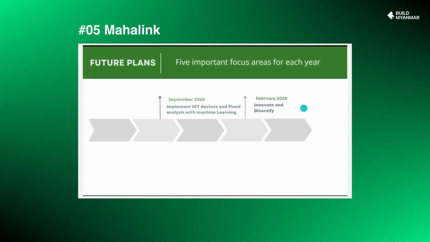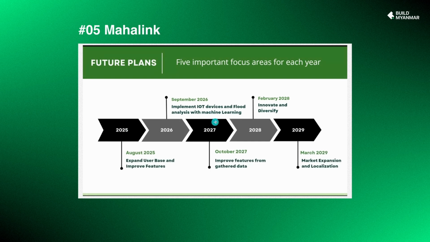So this is the demo of our application, and since we can't really build a machine learning or AI model, because it is impossible based on the current data in Myanmar, we compromised on that, but we are planning to implement IoT solutions because it's easier to build.